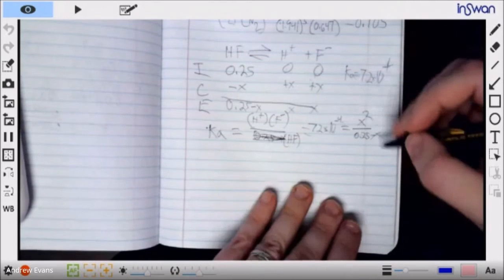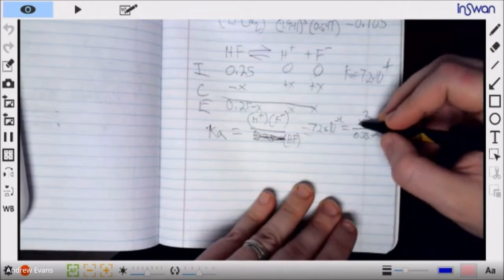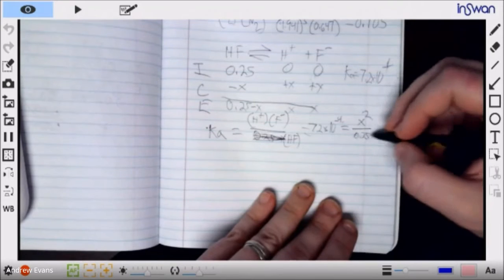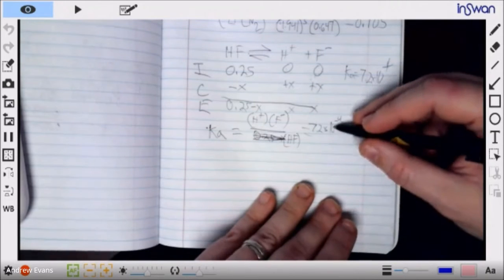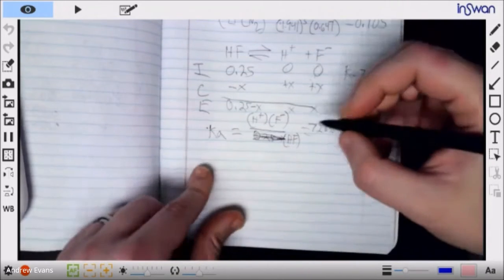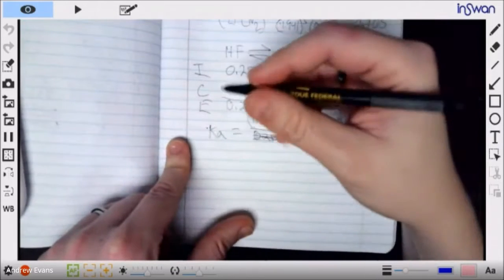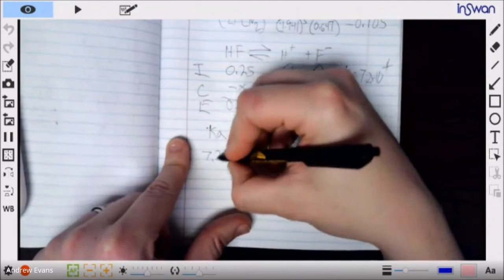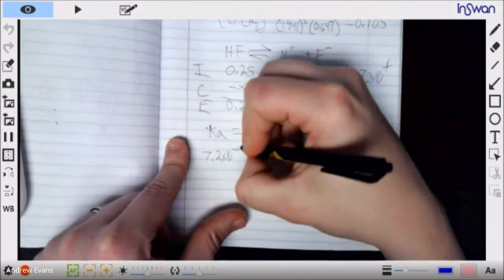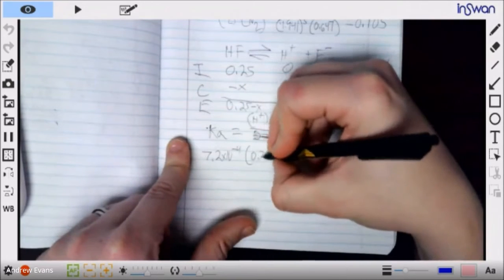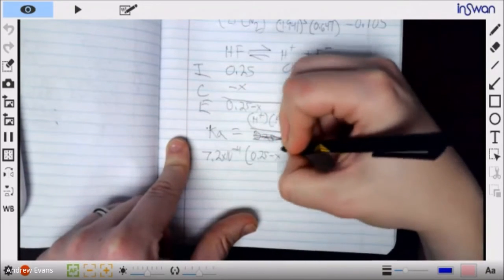But okay, so we need to get this out of a fraction. So we're going to cross multiply both sides by 0.25 minus x. So you're going to have 7.2 times 10 to the negative fourth multiplied by 0.25 minus x. All that equals x squared.